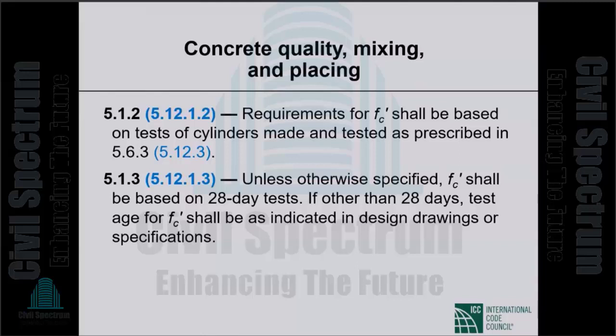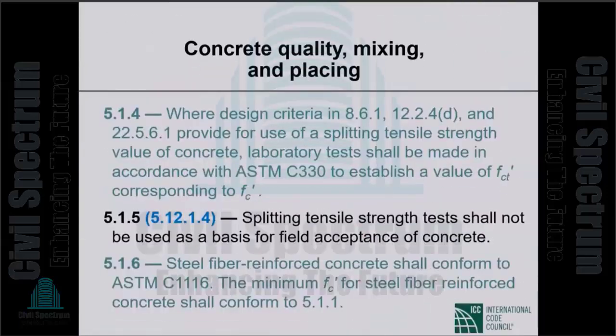So there is a section that tells you about the cylinder size and so forth. Unless otherwise specified, f'c shall be based on 28-day tests. If other than 28 days, test stage for f'c shall be as indicated in design drawings or specifications. That is a choice that the engineer has. But if you want strength at 42 days rather than 28 days, that has to be on your drawings or specs.